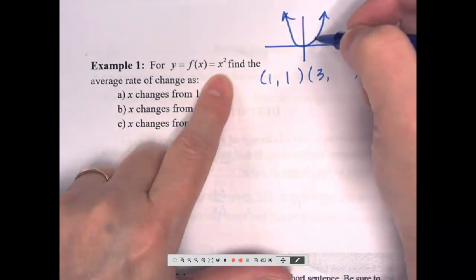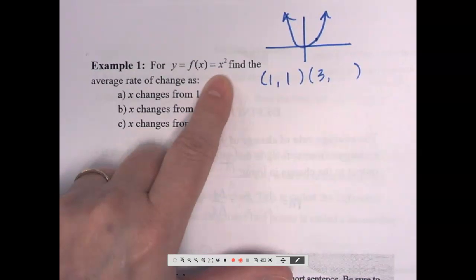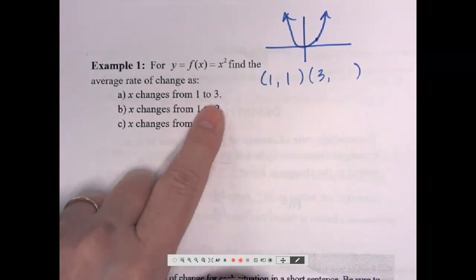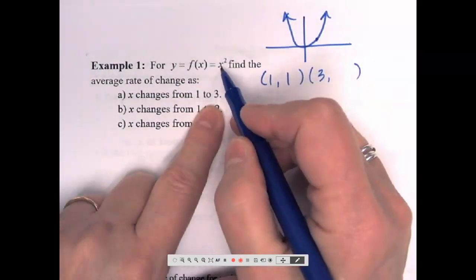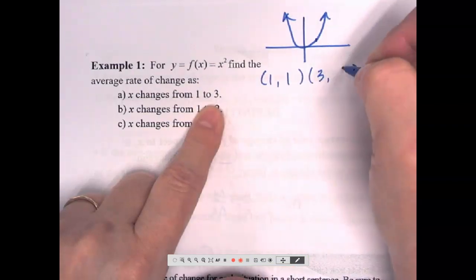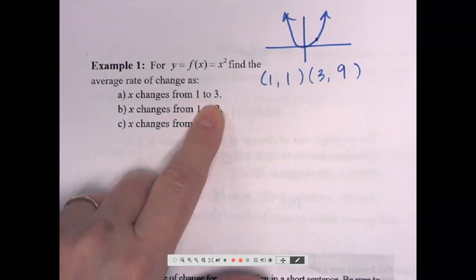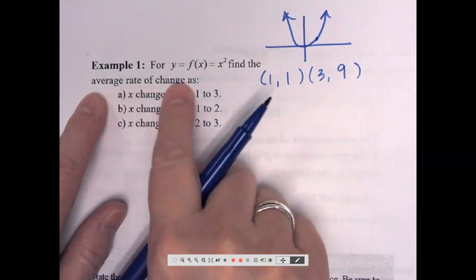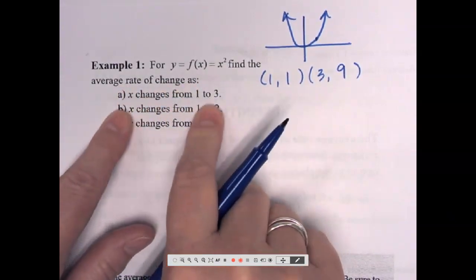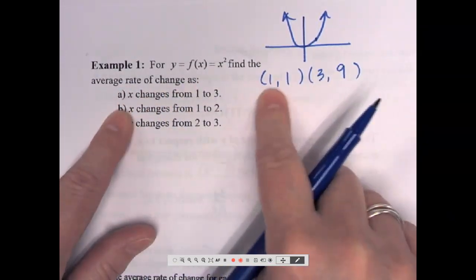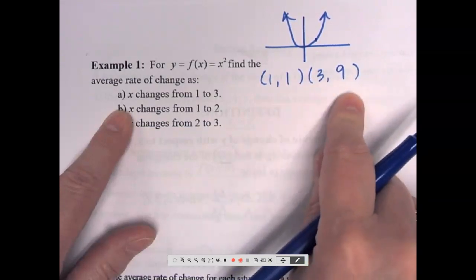That's telling me there's a point (1, 1) on that graph. If x is 3, sub it in, square it, I get the ordered pair (3, 9). So if I want to find the average rate of change as x changes from 1 to 3, it's just saying find the slope between these 2 points.